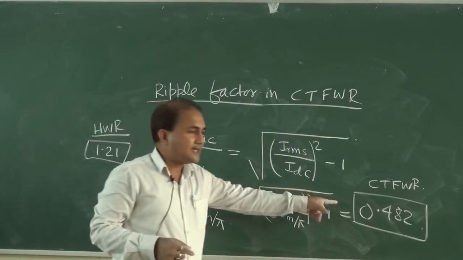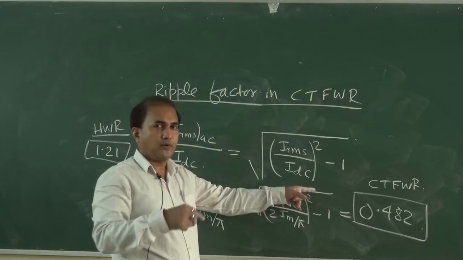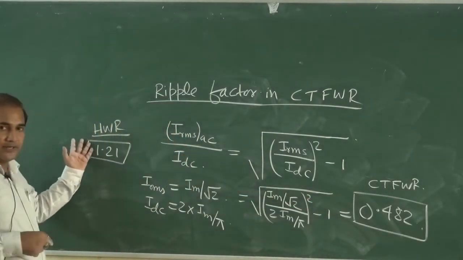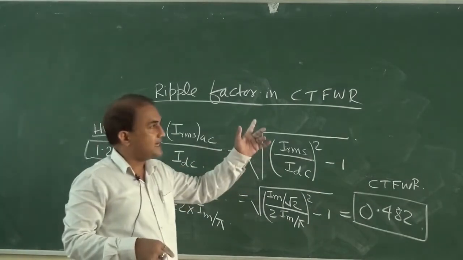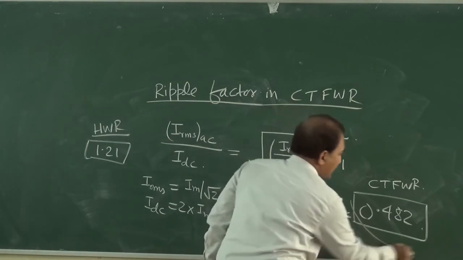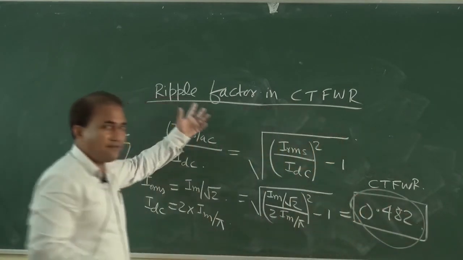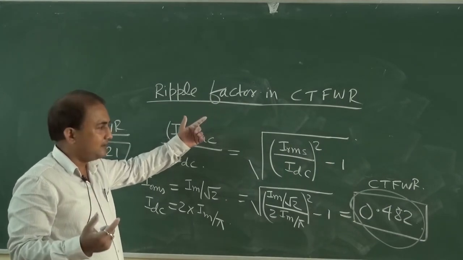So we can see that here the AC component in the output is reduced. In the half wave rectifier, the AC component in the output is very high as compared to the center tap full wave rectifier circuit. The lesser the ripple factor, the better the rectifier circuit.